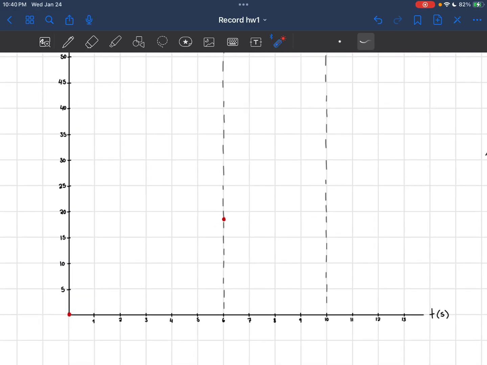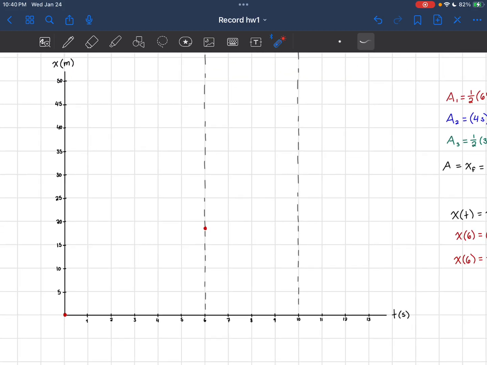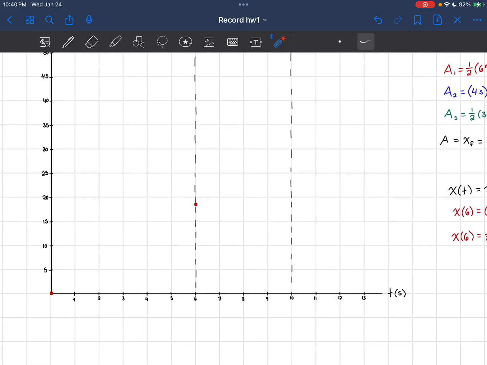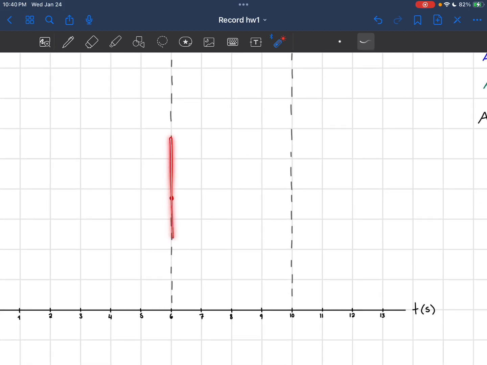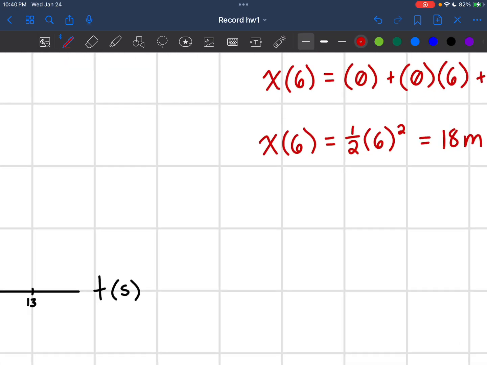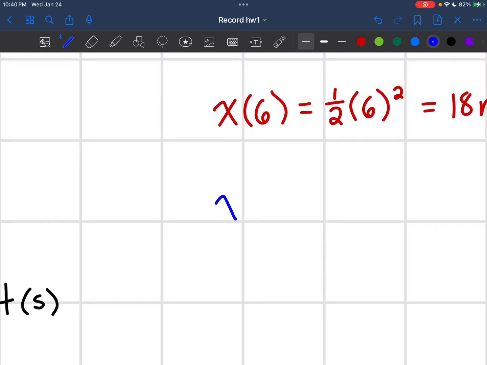Because now we need to figure out where we are after 10 seconds. Right? So now our acceleration has changed, so we kind of have to reset our problem. So now my new initial is at 6 seconds. So now I'm just zooming in and looking from 6 to 10 seconds at what's going on. So what I have to do is I am now trying to solve for x of 4.